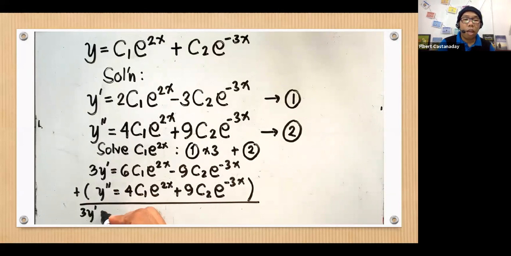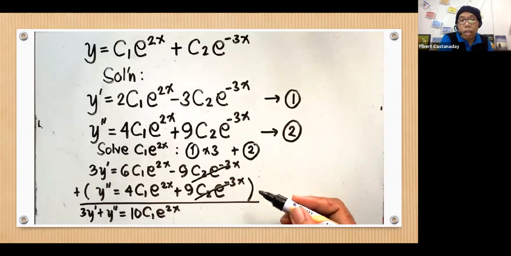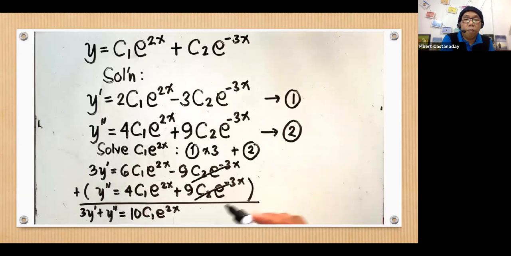So 3y prime plus y double prime, just copies, wala namang similar terms dun sa left-hand side. 6 plus 4, so you have 10 c sub 1 e raised to positive 2x. And then minus 9 plus 9, na-cancel na natin yung part na yan ng ating equation.